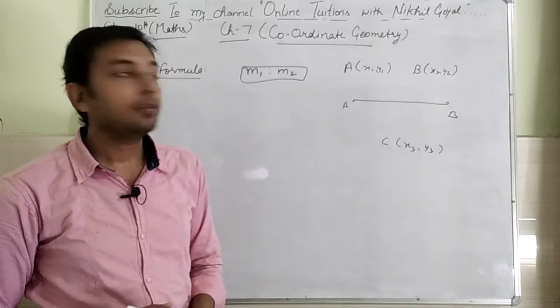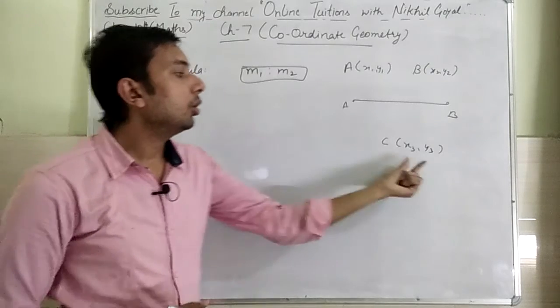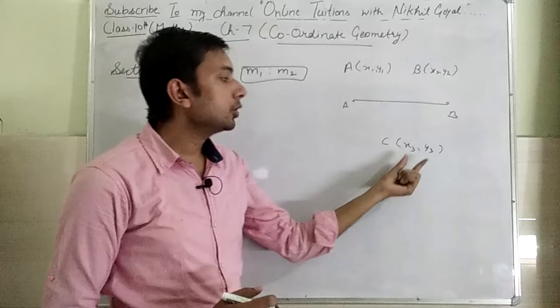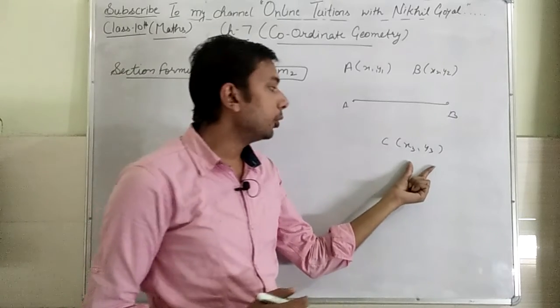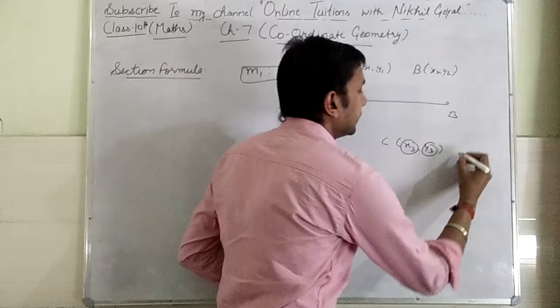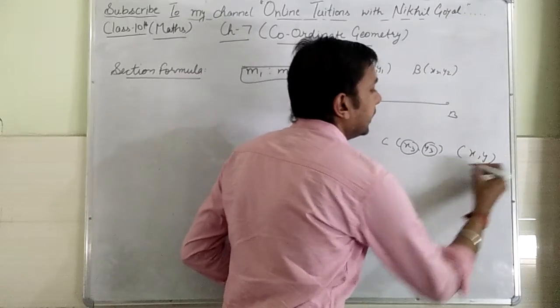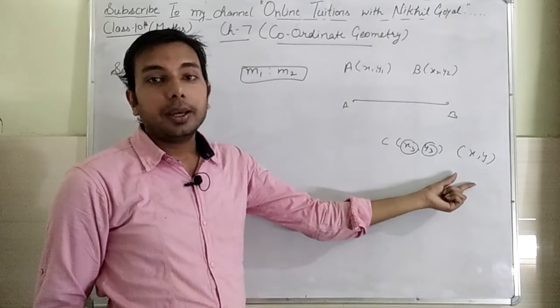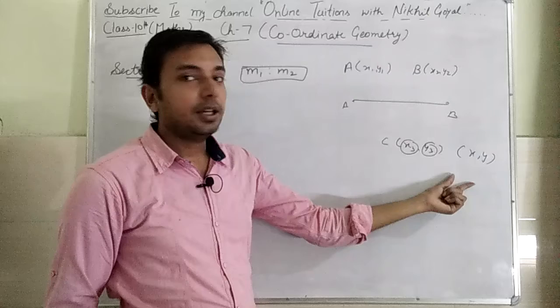Which formula do we have to use to find the ratio or to find the point? First of all, we will use it to find the point, and we will take x3 and y3 as x comma y. So here the formula used will be the section formula.